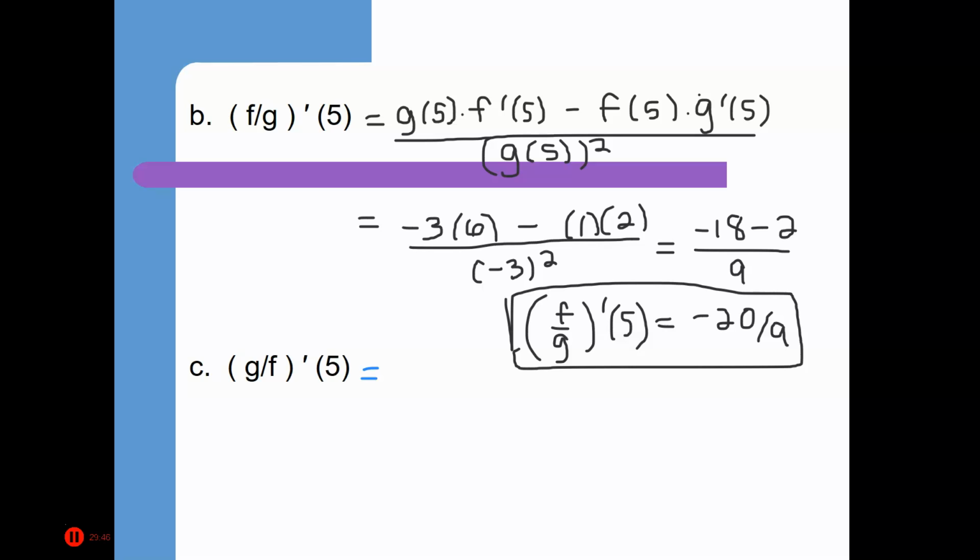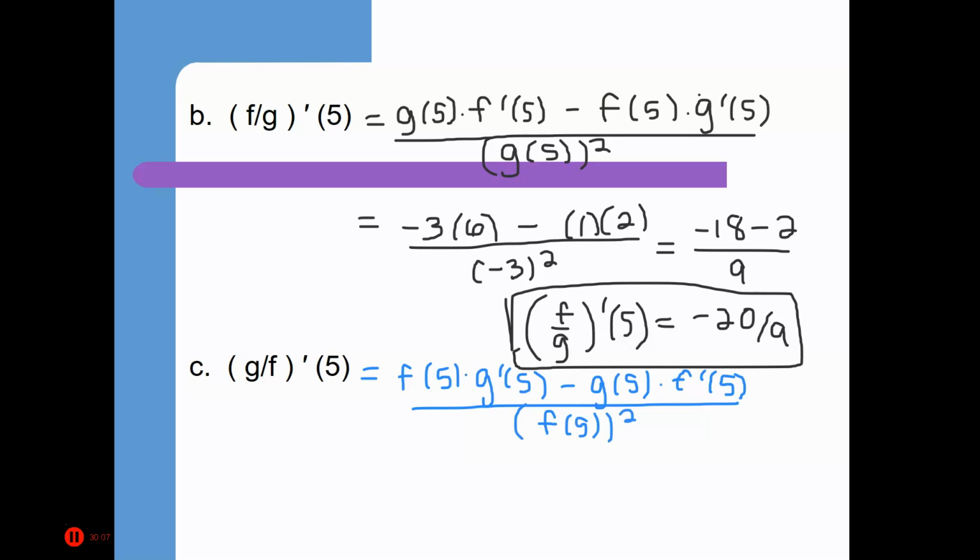Let's find g divided by f, prime of 5. So it's ho di minus hi do, all over ho ho.